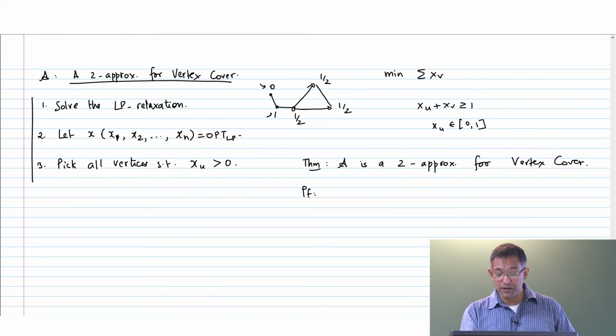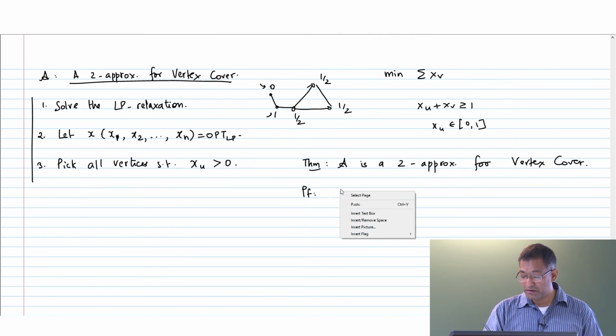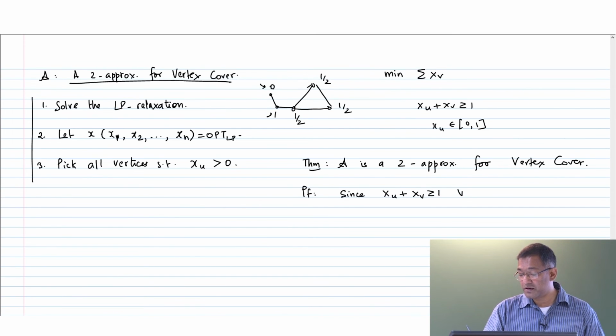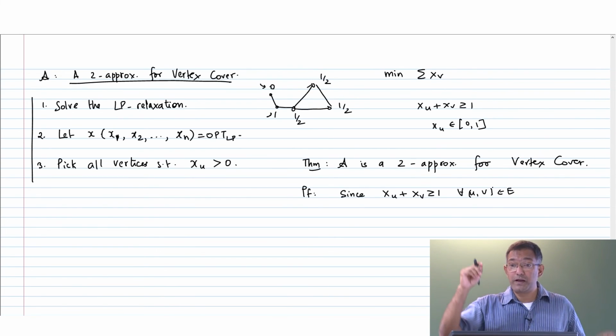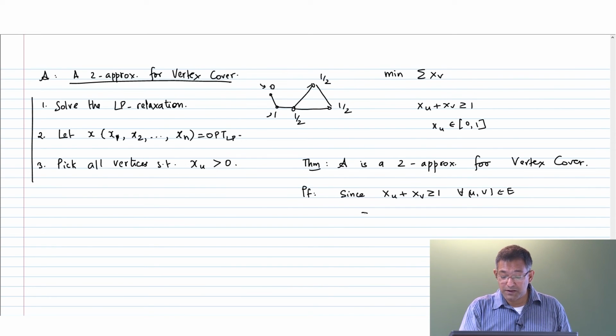So, how are we going to do this? It is just a simple observation. Since xu plus xv is at least 1, for every edge the sum of the 2 endpoints is at least 1. This implies what?